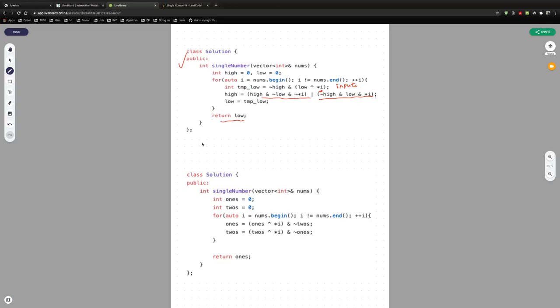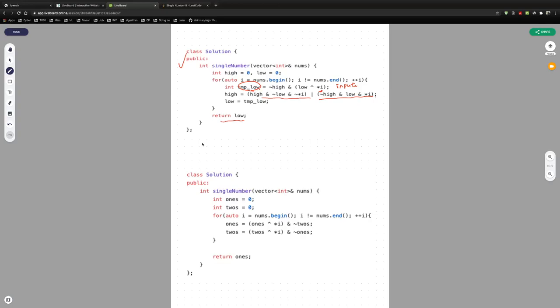Okay, and why do we need a temp low here? Because here you want to calculate the low. However, if we change low first, the high bit depends on the old version of low.